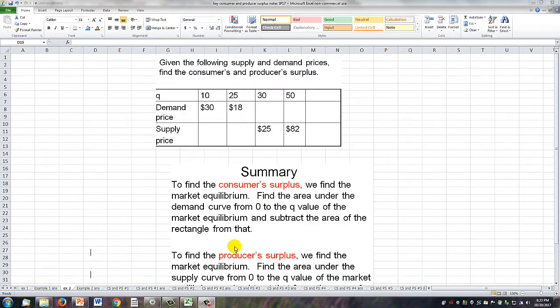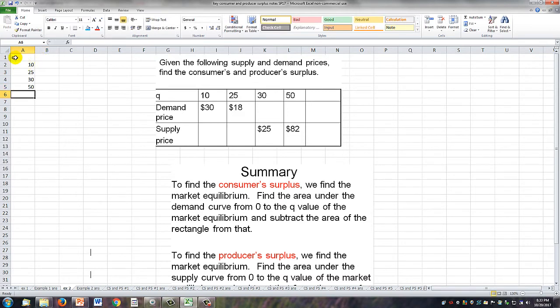Okay, so example 2 says given the following supply and demand prices, find the consumer and producer surplus. So this one gives you a chance to review how you find a model for the demand curve and the supply curve. So my Q is my input, and the inputs are 10, 25, 30, and 50.